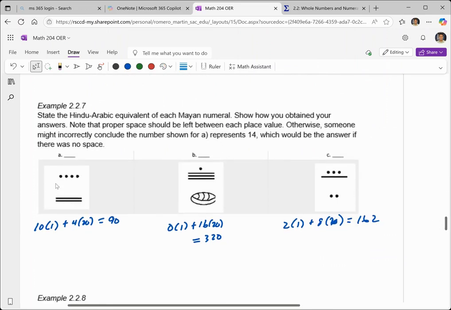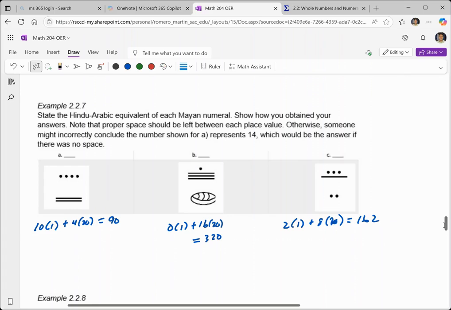So here's an example of Mayan numerals, and then these are the values that we get. This is equal to 90 in our system. This represents 320. This represents 162. The reason is this is 10 groups of 1 and 4 groups of 20.